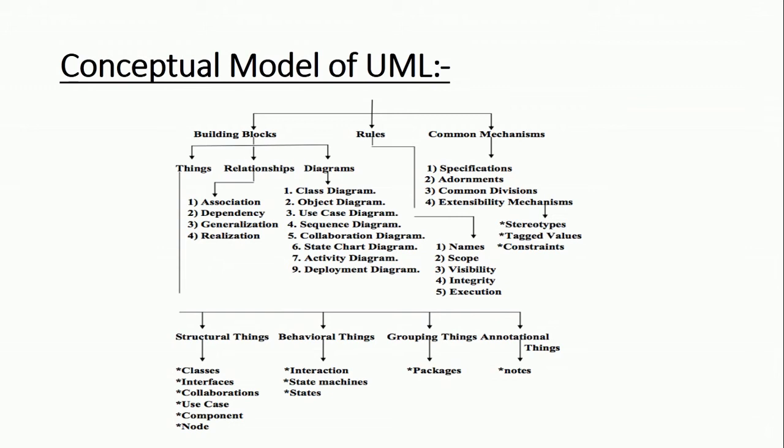The third is generalization. What do you mean by generalization? A generalization is a binary taxonomic, that is related to the classification, directed relationship between a more general classifier, that is superclass, and a more specific classifier, that is subclass.